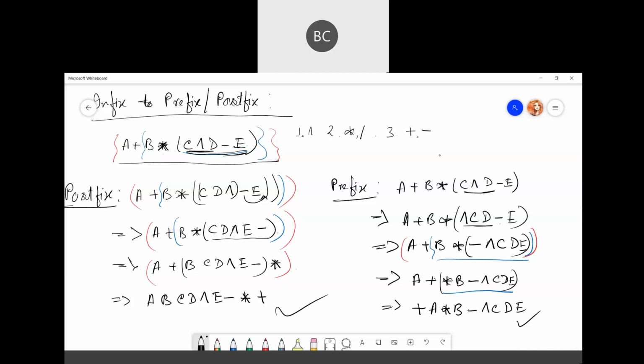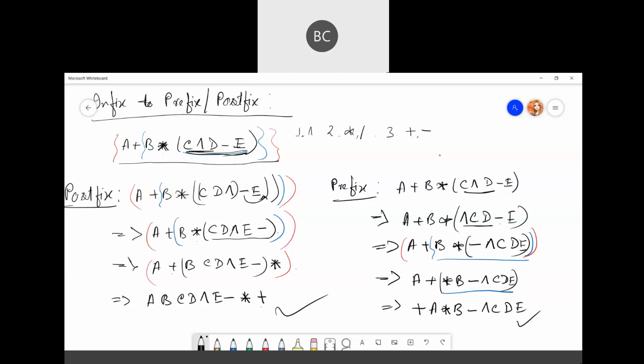So this is the postfix notation for this expression. Next, one is plus, one is multiplication. Multiplication has higher precedence, so you bring the multiplication sign here, and after that the plus sign. This is the postfix.